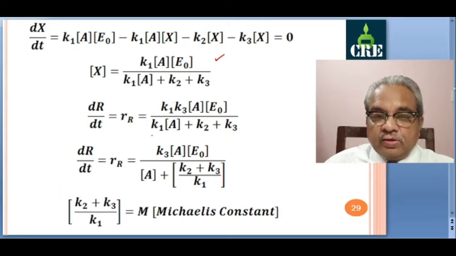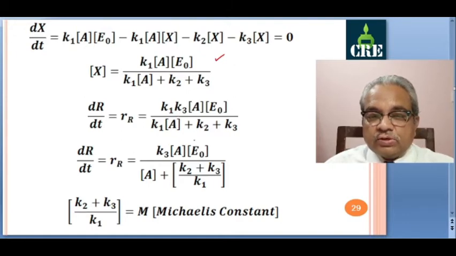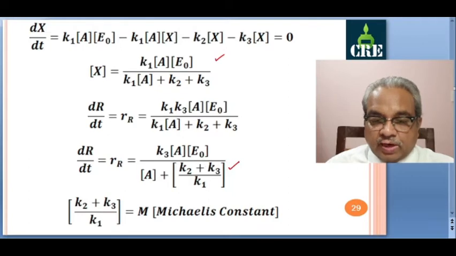Now if I divide numerator and denominator by K1, in the numerator what do I get? K1 will cancel out, K3 into concentration of A into concentration of E0. Here K1 will cancel out, only the concentration of A term is left, plus this K2 plus K3 divided by K1, which I can combine and write in a bracket.